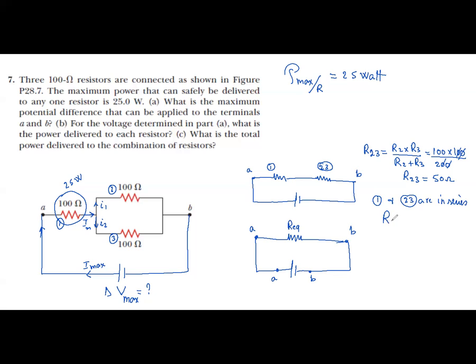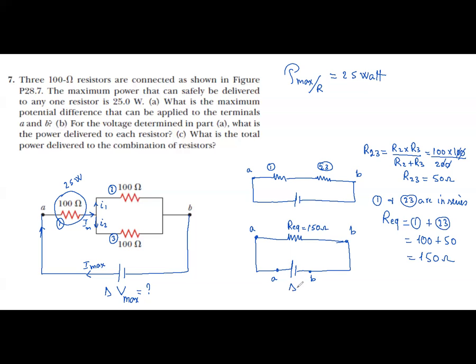So R equivalent total equals the summation of 1 plus the equivalent of 2,3, which is 100 plus 50 equals 150 ohm.